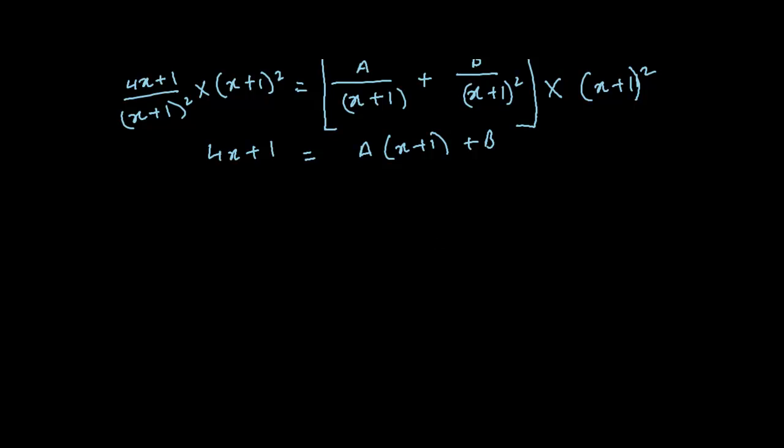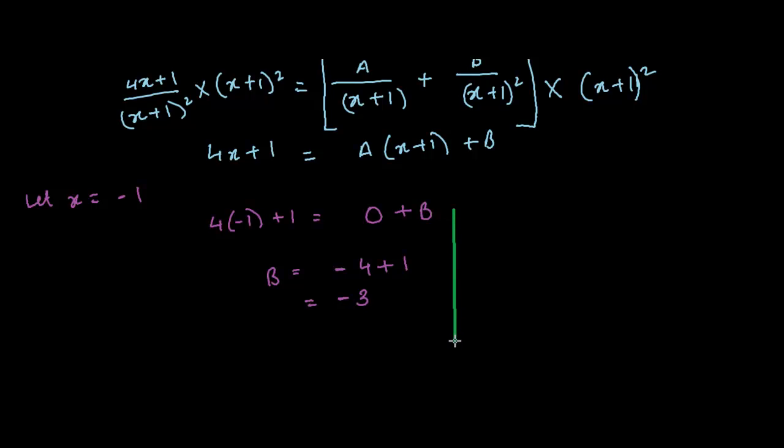Now at this point in time, we just let x be equal to something. Let x equal negative 1. So negative 1 plus 1 is equal to 0, plus b. So b is equal to negative 4 plus 1, which is equal to negative 3. Now we just calculate a, since we've gotten the value of b.